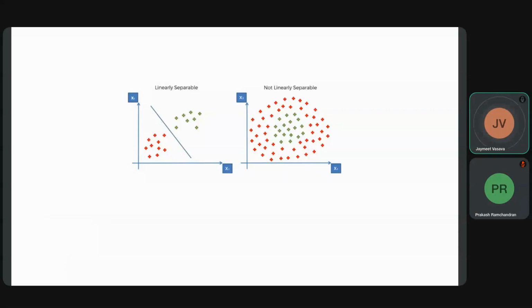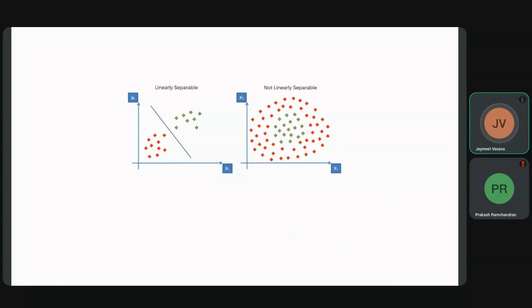Now, when we talk about non-linearly separable data, in graph 2, the graph on the right, we are not able to create a hyperplane which separates class 1 from class 2, or class red from class green.